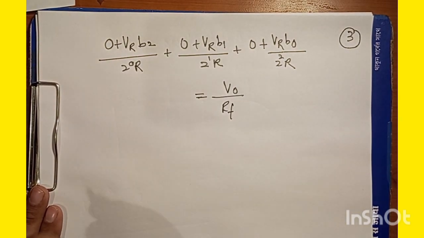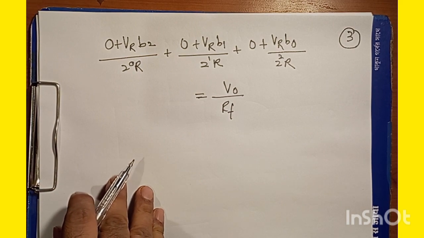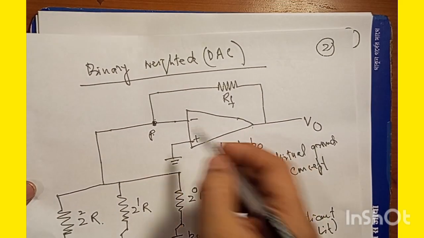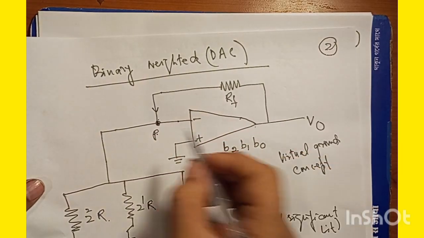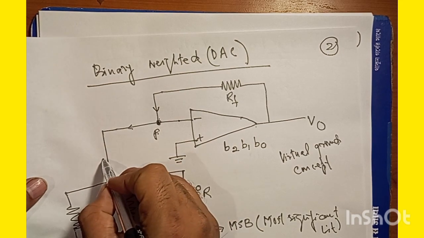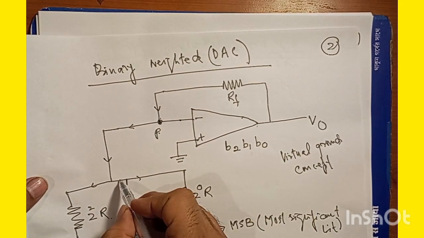This is the result of evaluating this junction in terms of currents, and that can be done in a very easy way. That's not going to be a big task.